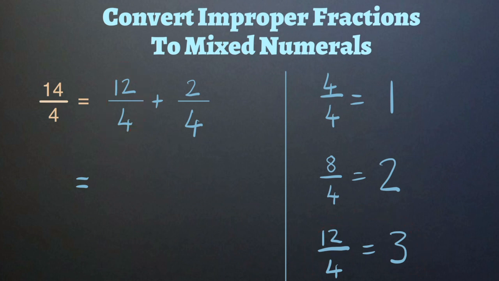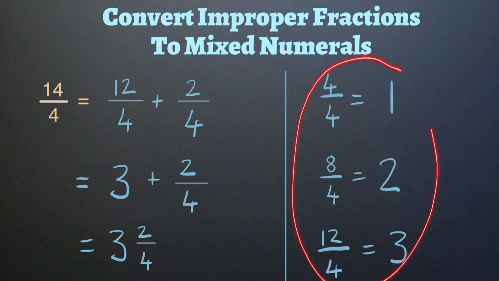So I could write that as 3 wholes plus 2/4. And I can write that as 3 2/4. Once again, this bit on the right hand side, this is really the key to doing this.